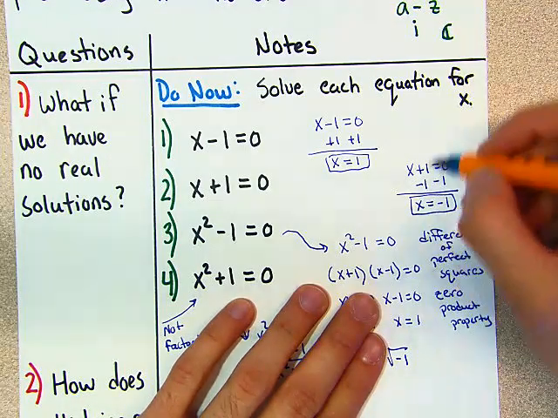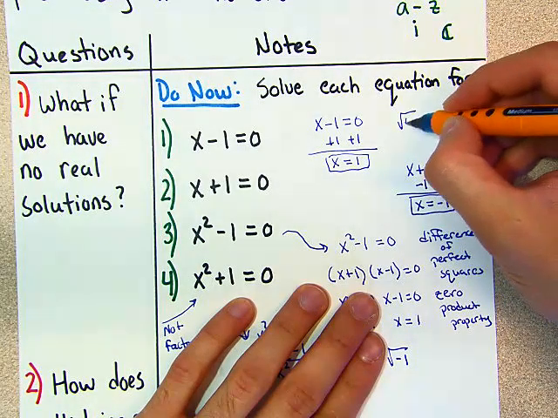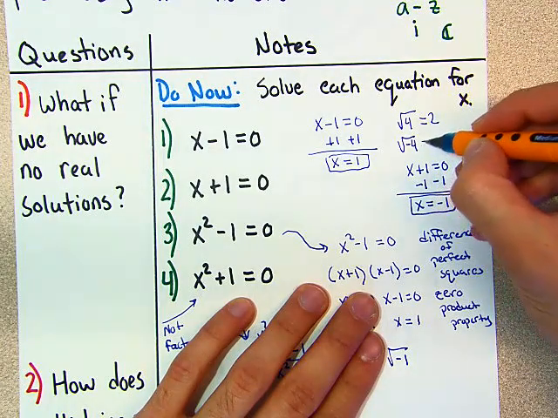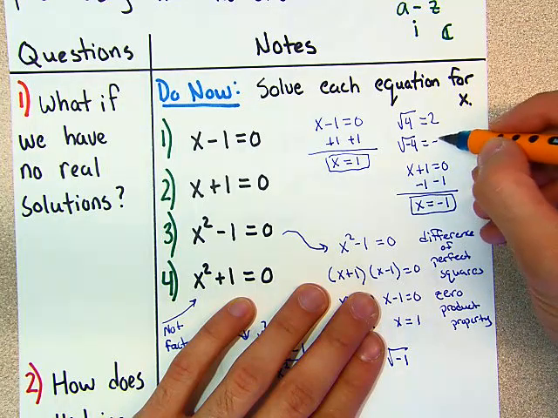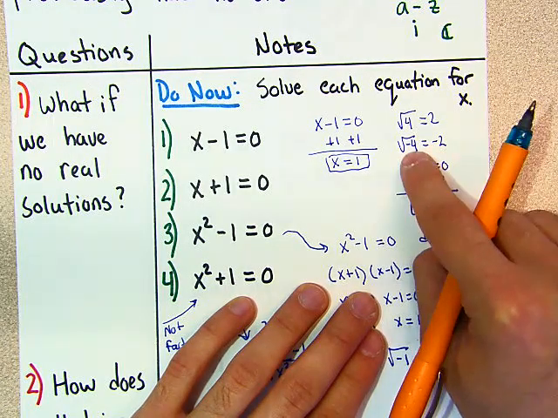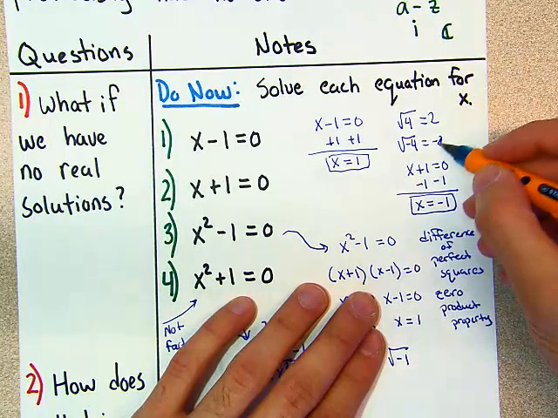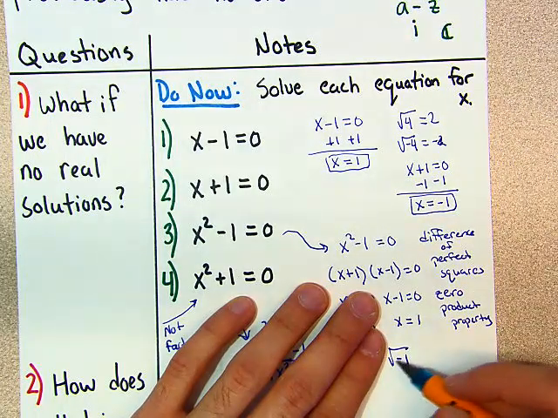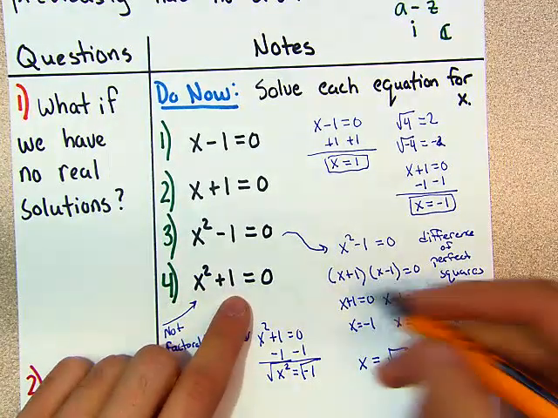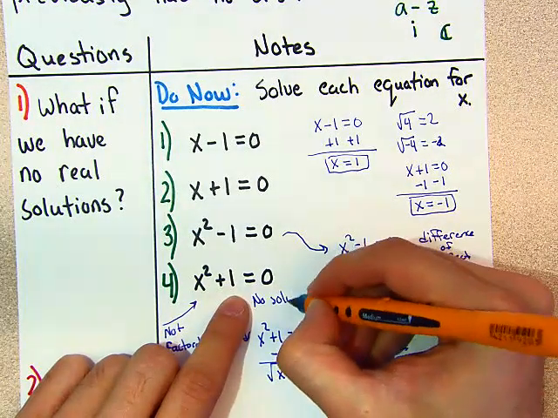Like if I say, what's the square root of 4? This is 2. But the square root of negative 4, it's not negative 2, is it? Because what's negative 2 times negative 2? That's positive 4. It's not negative 4. So you see this one, this has no solution.